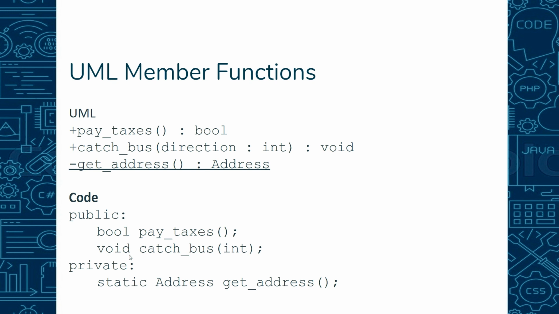We can see there's a void return type and an int parameter. This one's static, with no parameter, and the return type is an address. Even if you don't know what an address data type is, you know that's what it returns, so that's what you put as your return type.